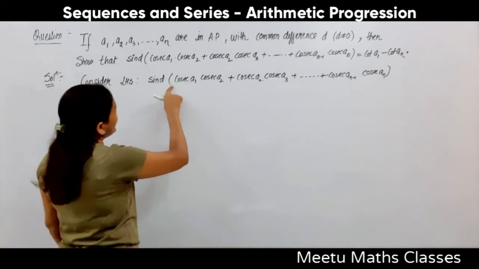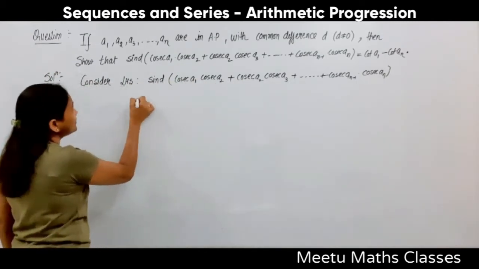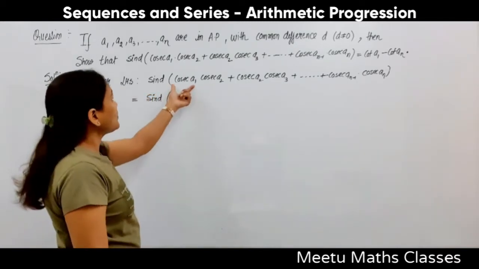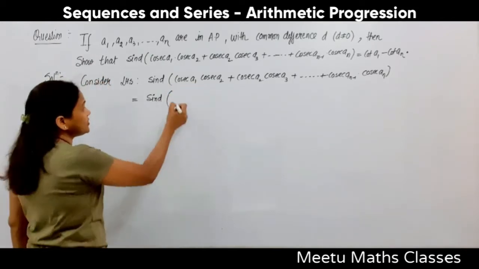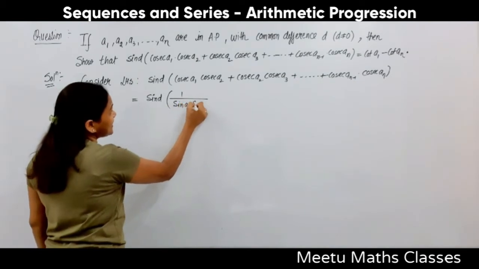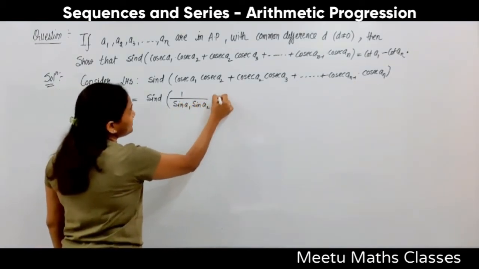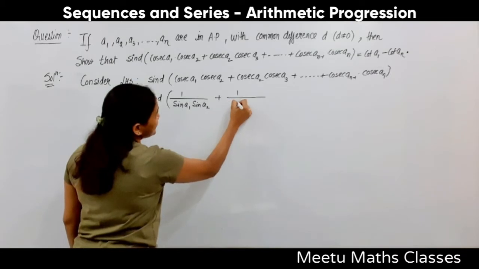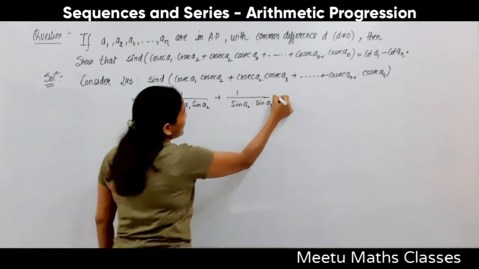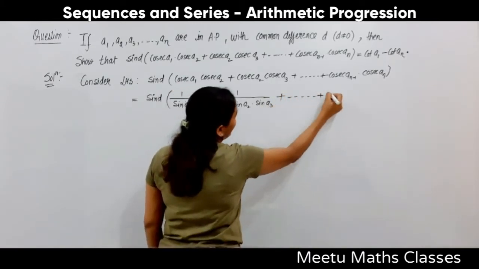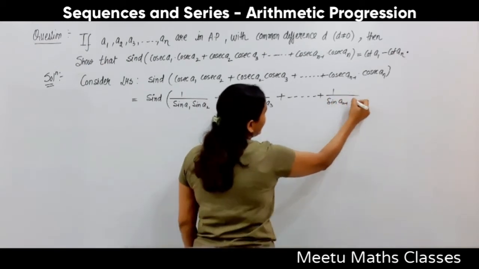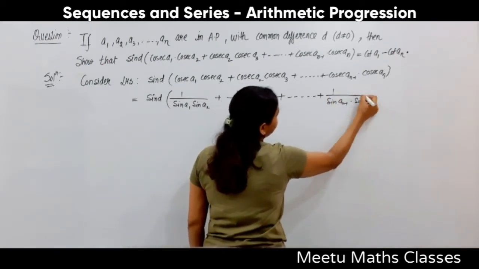Now you can change all the cosec into sine, since cosec is the reciprocal of the sine function. So this can be written as 1 upon sine A1 sine A2 plus 1 upon sine A2 into sine A3 plus so on, and the last one is sine An minus 1 into sine An.